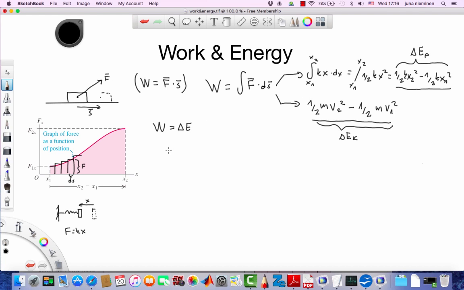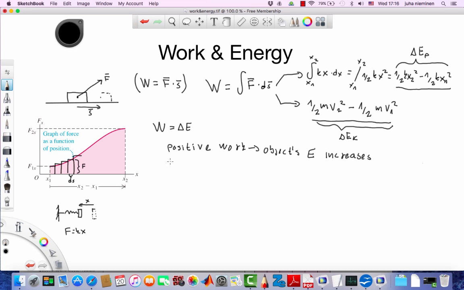The sign convention is as follows. If we have positive work, this means that the change in the object's energy is positive, which means that the object's energy increases.